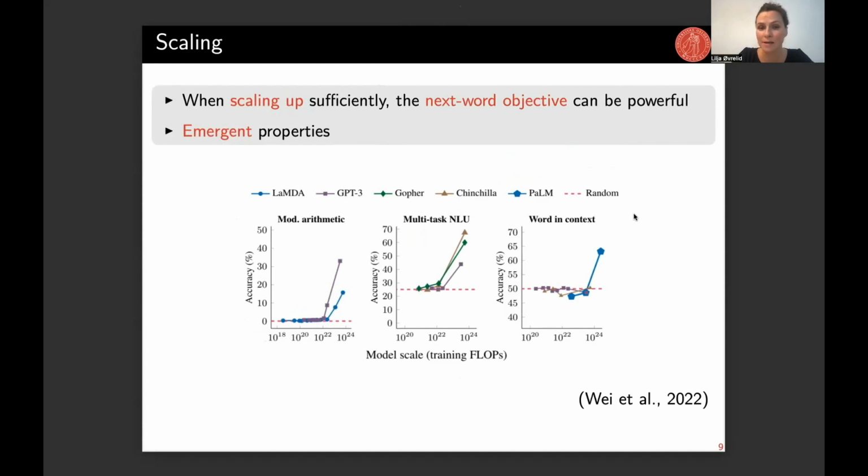So it has been shown for several NLP tasks, such as natural language understanding, the prediction of words and context, that when scaling up to a sufficient size, the properties of these models can no longer really be extrapolated from the smaller models. So you can see here this very sharp increase in performance or accuracy of these models in terms of a number of NLP capabilities.